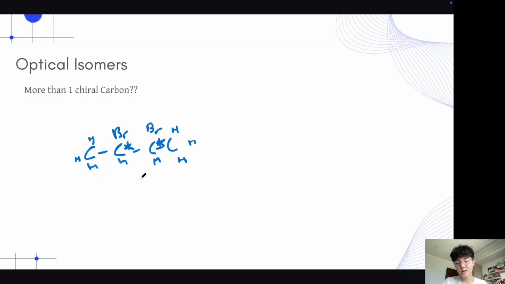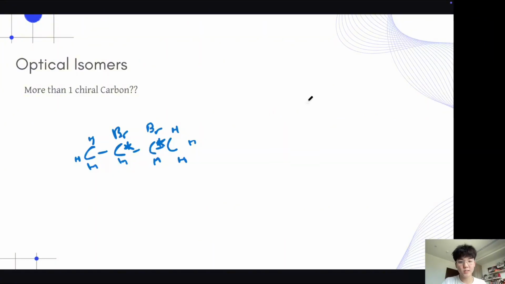Now, how would you find the number of enantiomers you can make with a number n of chiral carbons? Well, let's derive this. So for 1 chiral carbon, we made a pair of optical isomers. So that's 2 enantiomers.